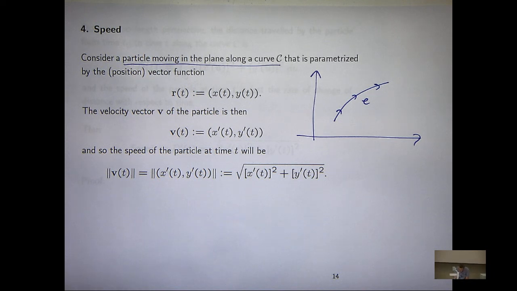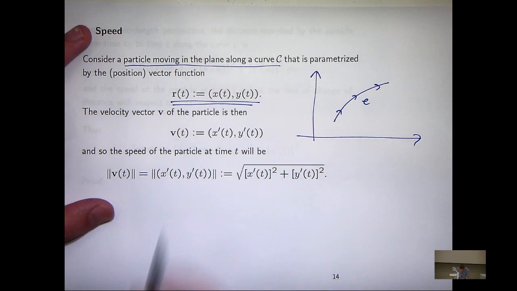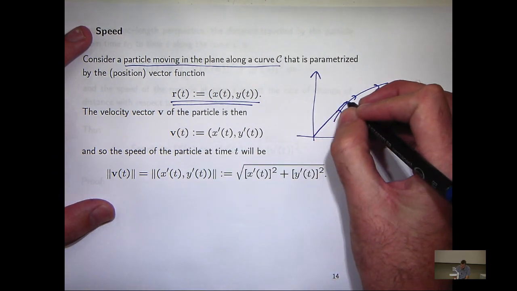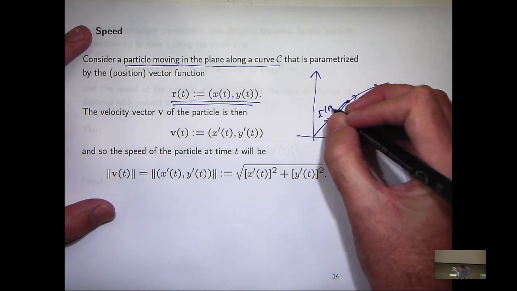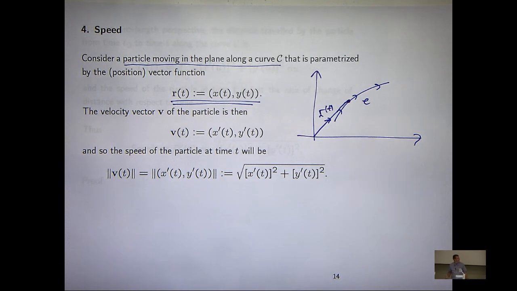So this parameterizing function here is actually a position vector to the origin. As t changes, your vector r will move along and trace out that curve with its little pointy arrow head. Now, you may have seen this before, you may not have. If you have this kind of parameterization, you can calculate the velocity of this particle moving in two-dimensional space. You just basically look at the derivatives with respect to time.